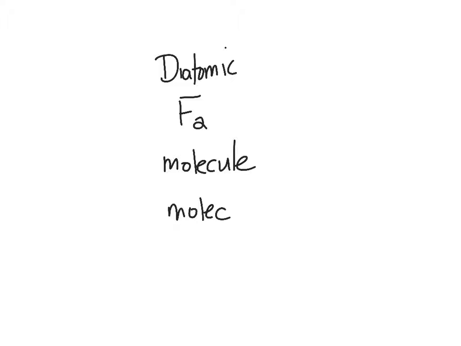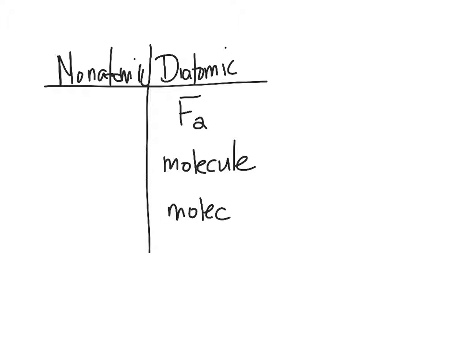Give me an example of a monoatomic element. Iron. So basically, this just means any other element, right? Other than the 7 diatomics, so iron.